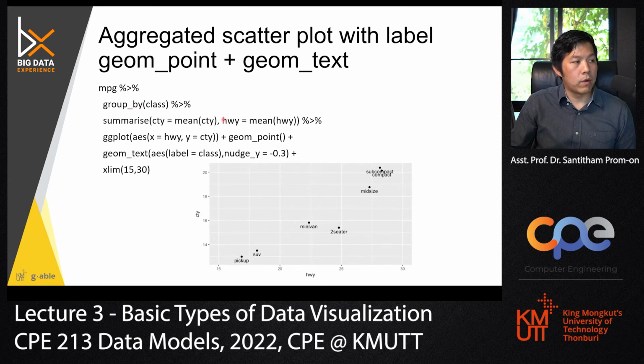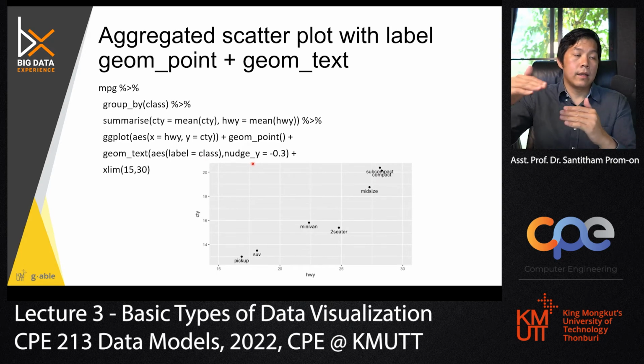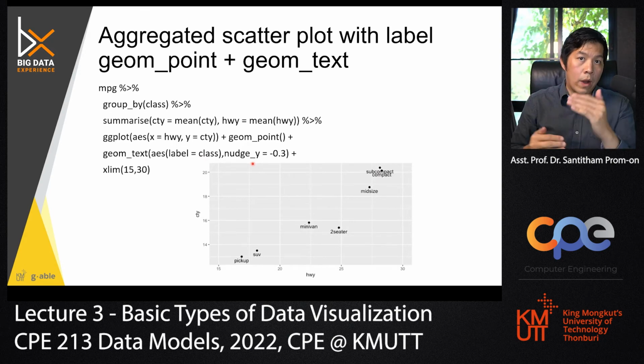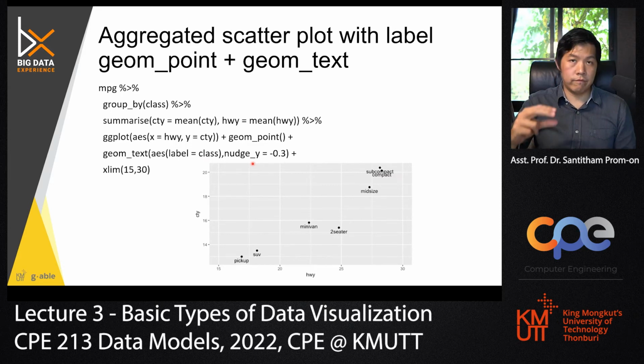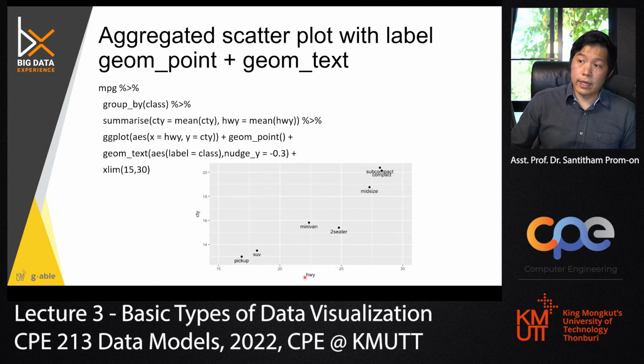I got CTY, HWY and the summary version, the mean version, and then put it into ggplot, plot a point, and then add geom_text. geom_text would put in the label, and you can use the variable to say that this is the label, and nudge_y means that it will shift in the y direction by minus 0.3, so it will shift down a bit. Then specify that the x limit should be 15 to 30, and then I got this plot.